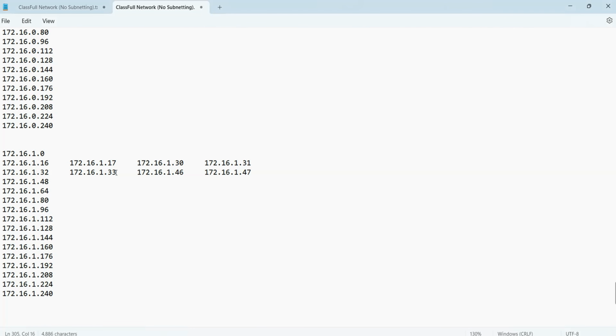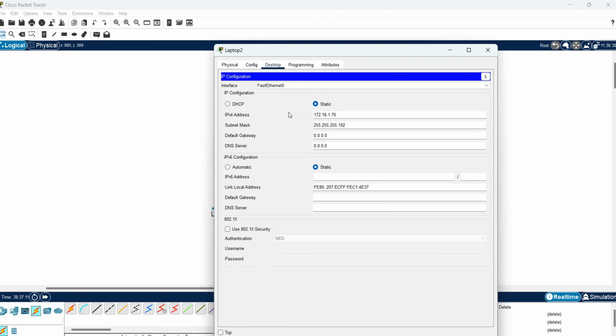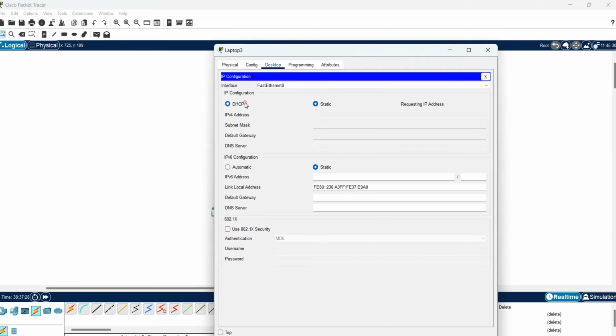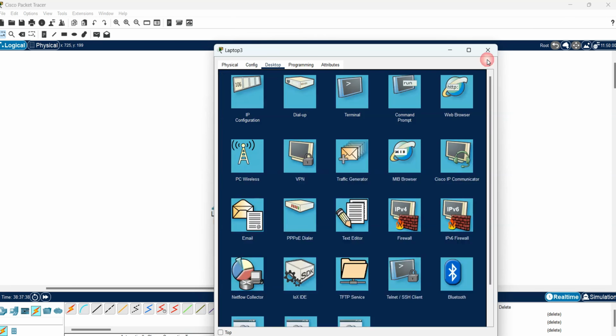Then I go back and use 40 and 45 for the 32 network. This is 172.16.1.40 with 255.255.255.240, and the other one is 172.16.1.45, with 255.255.255.240. All right, there we go.